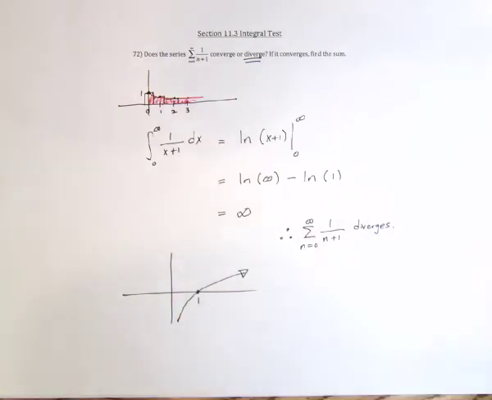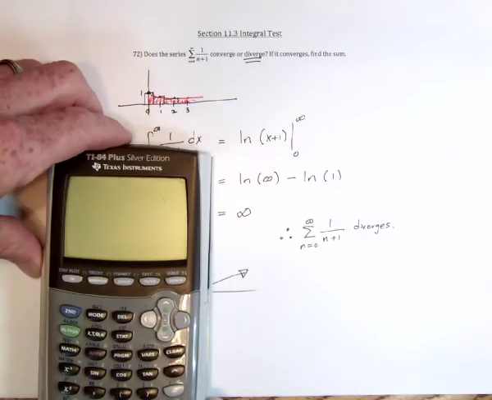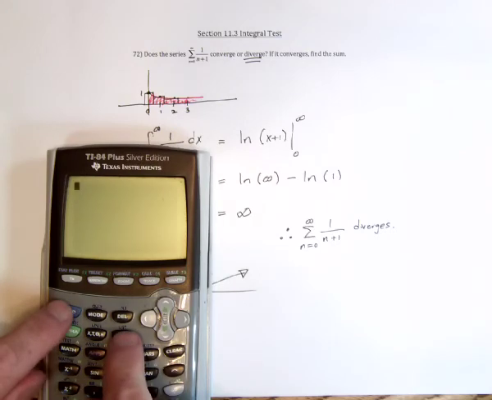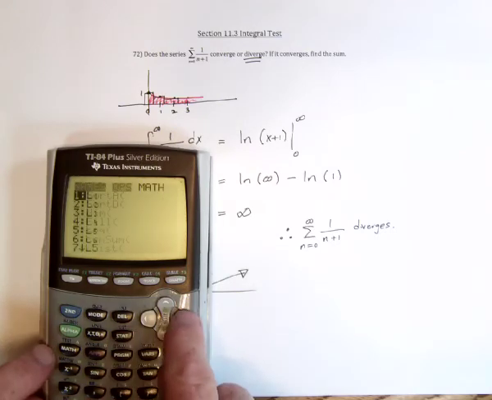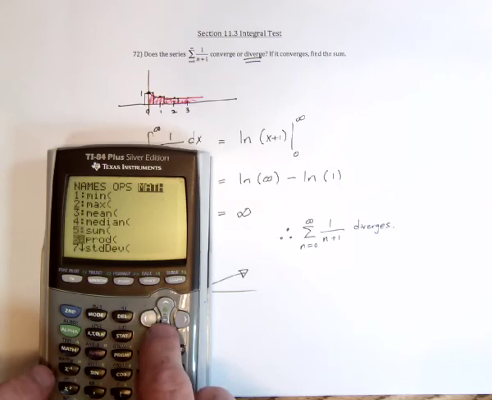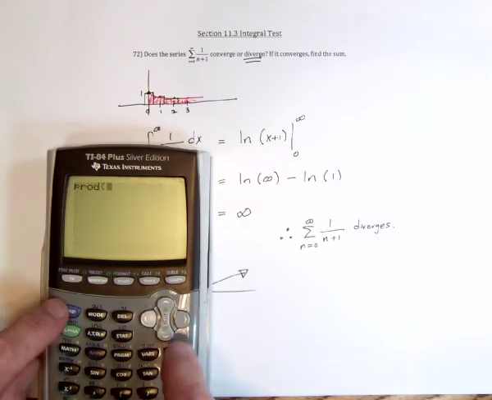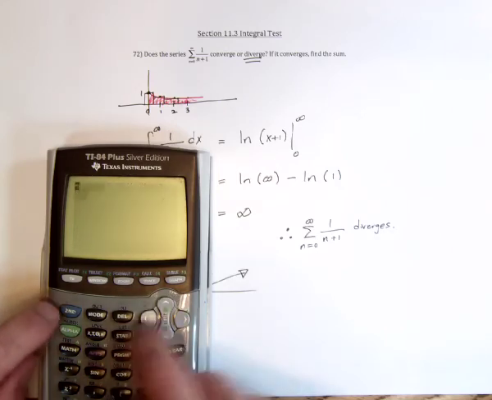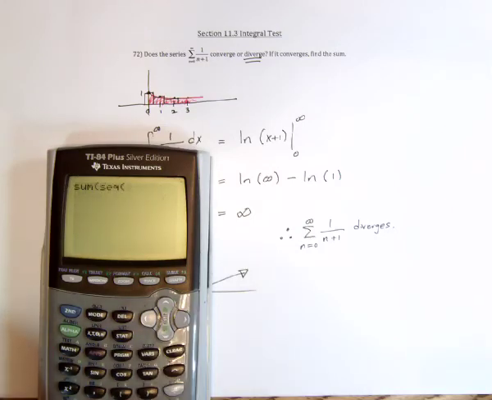You could also estimate that if you use the calculator and go sum sequence. Sum, the sequence, the function is 1 divided by, I'll use x plus 1, as x goes from 0 to, and then pick some large number.